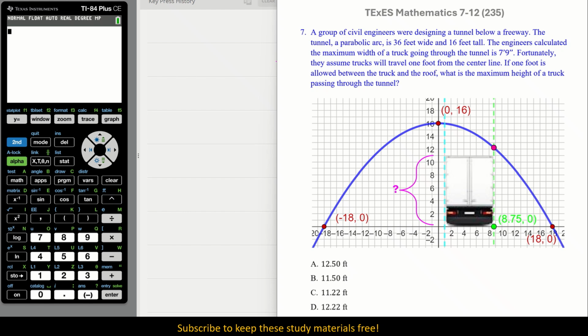The engineers calculated the maximum width of a truck going through the tunnel is 7 feet 9 inches. Fortunately, they assume trucks will travel 1 foot from the center line. If 1 foot is allowed between the truck and the roof, what is the maximum height of a truck passing through the tunnel? Okay, that's a lot of information.